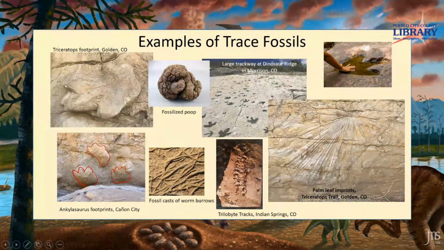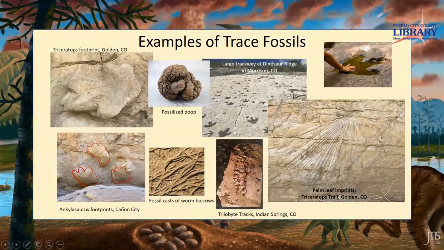And this is a Triceratops footprint that is also in the Denver area in Golden. Now these are really close to us. These are Ankylosaurus footprints on Skyline Drive in Canyon City. So that's just about 45 minutes from here.